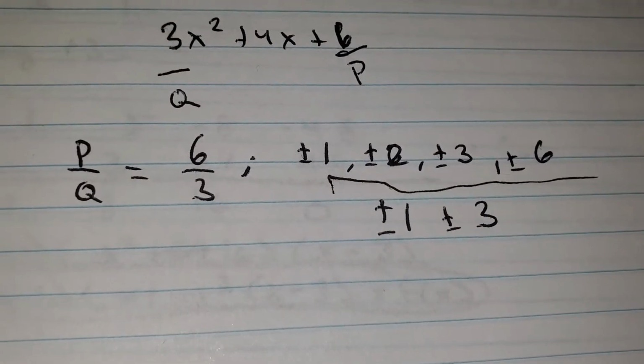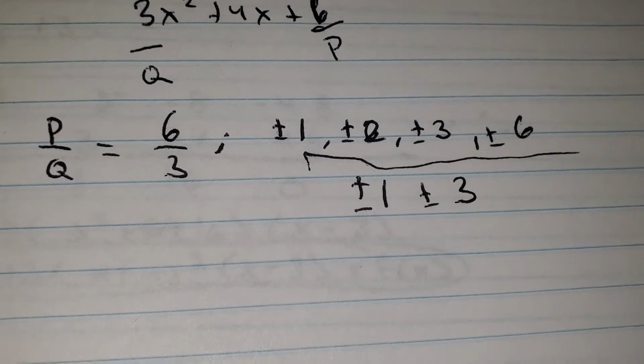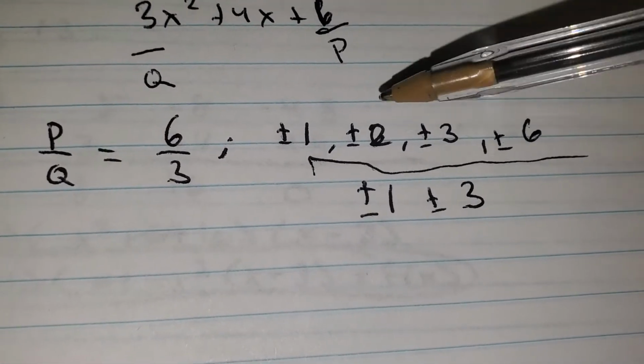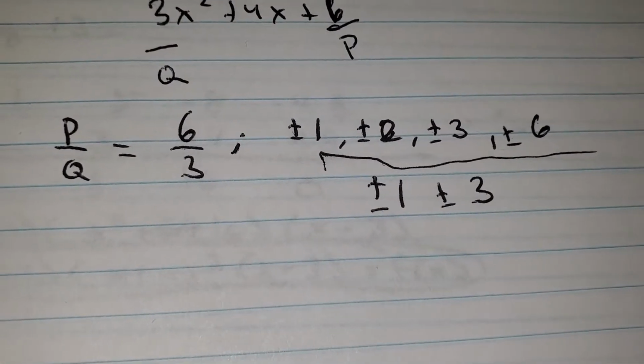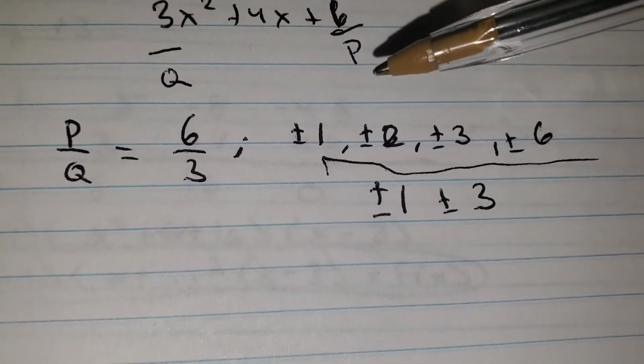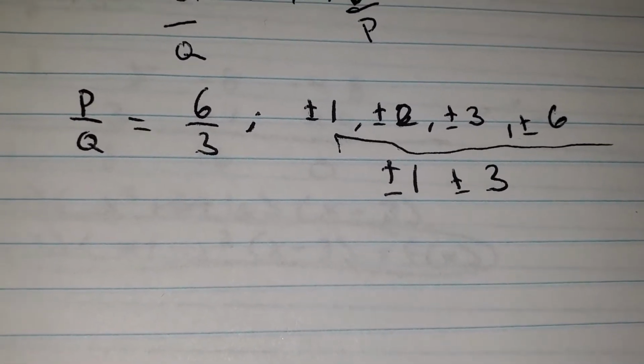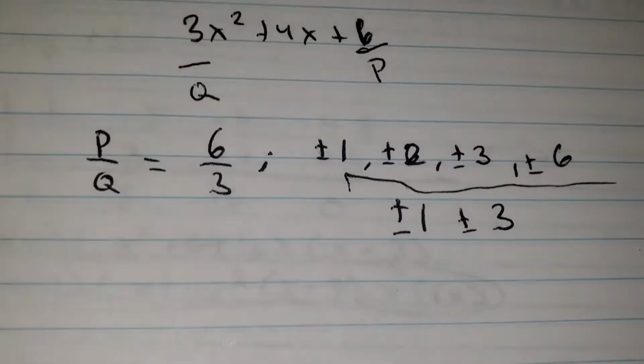For p it would be 6 and for q it would be 3 in this case, and we write out all the factors of each number. The 6 has plus or minus 1, plus or minus 2, plus or minus 3, and plus or minus 6. And q is plus or minus 1 and plus or minus 3.